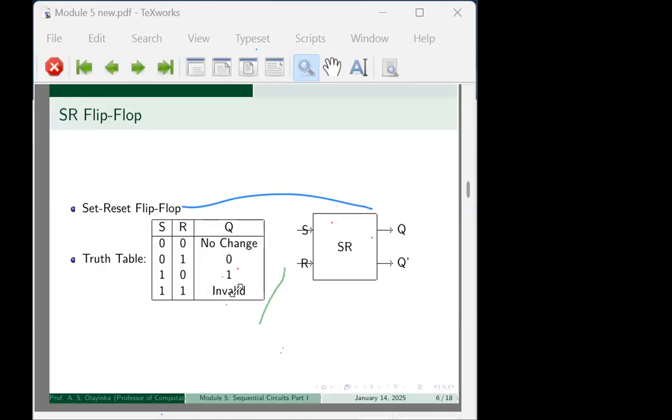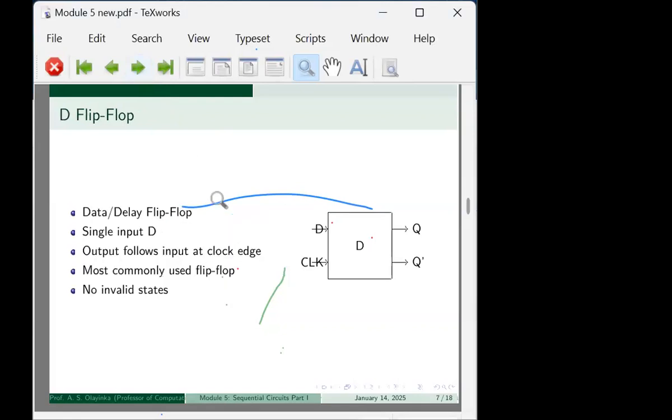And where you have invalid will be replaced with a no change or previous state. And then this one where you have no change will become an invalid state. I think that should be okay for now. You can read more from the textbook I've shared with you or from any other textbook to get better understanding. Let's look at the next one.